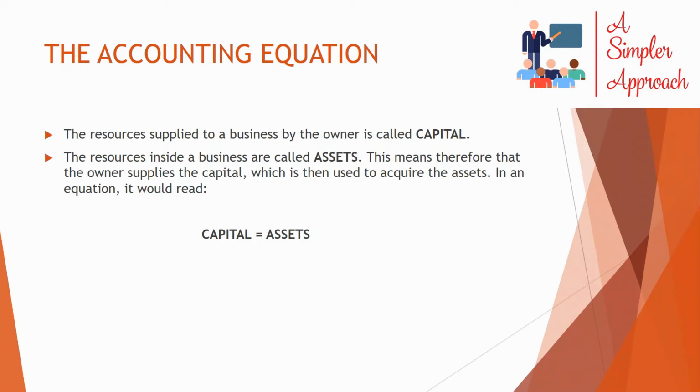Now that they are supplied to the business, they have become resources that belong to the business. And those resources that are owned by a business entity are called assets. So if we should put that in an equation, we would get capital equal assets. Sounds about fair, doesn't it?